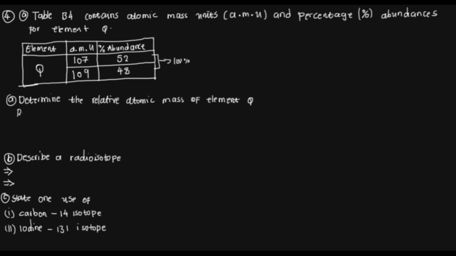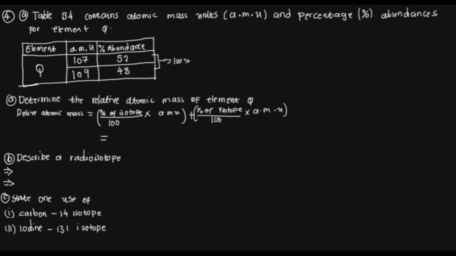Relative atomic mass is equal to percentage of isotope divided by 100 multiplied by AMU, plus percentage of isotope divided by 100 multiplied by AMU. Okay, so let's see what we can do.